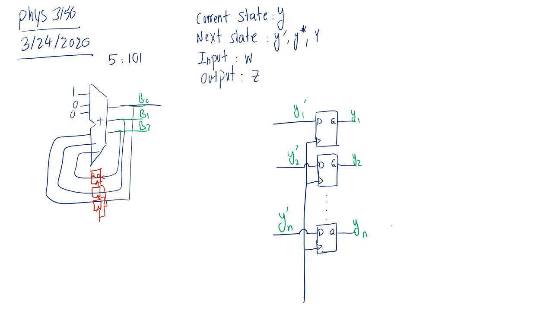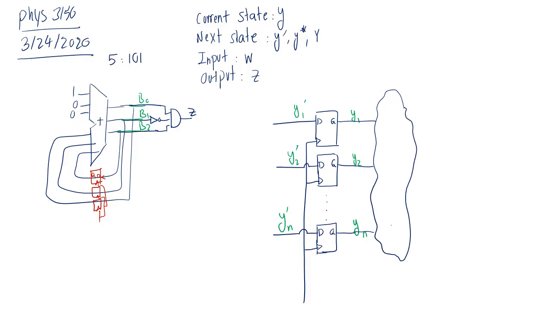So when this is 1 and this is 0 and this is 1, I want to get a 1. So just AND all of these together, and that would be my output. I'm going to call it Z. This is the simplest output generator, but this could be a very complicated combinational logic.